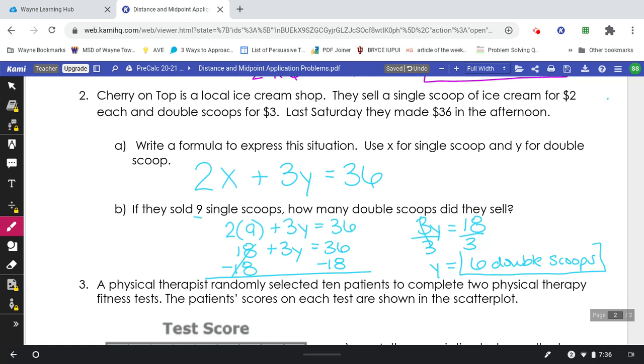You should get to a total answer of 6 double scoops.